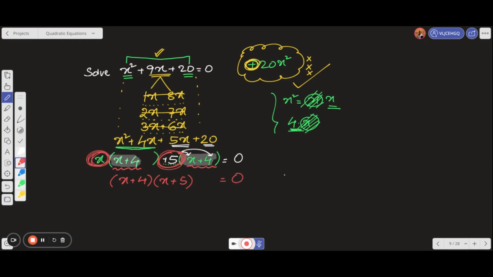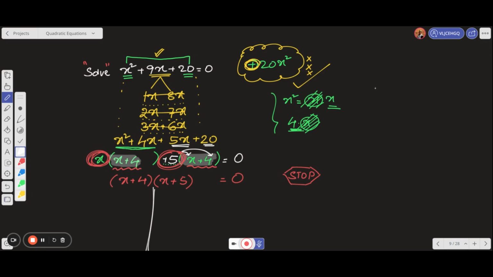In case you are asked to find factorization, factorization means writing as the product, then you may stop here, you may stop in case you are asked to find the factors. Whereas if you are asked to solve, solve means you have to find the value of x. Then you have to continue further.